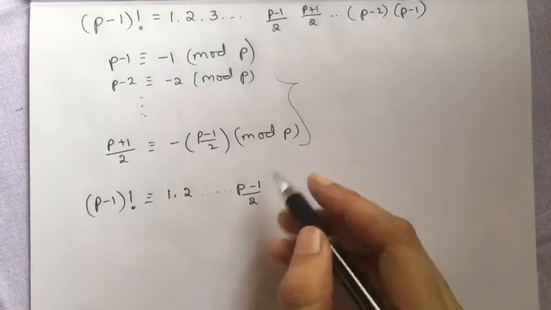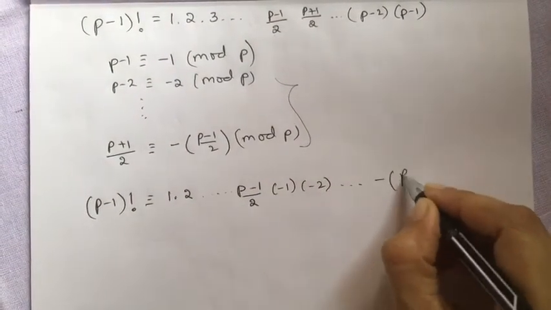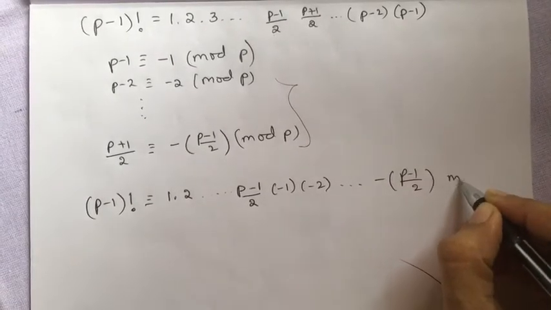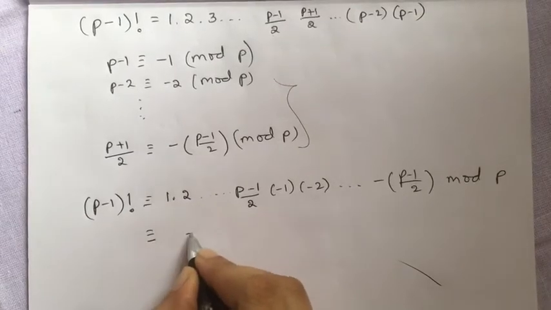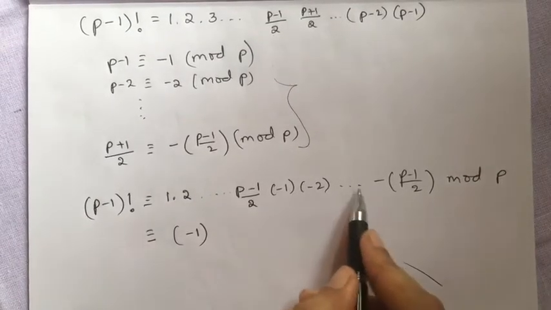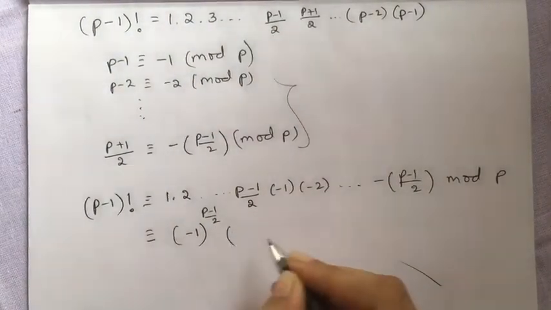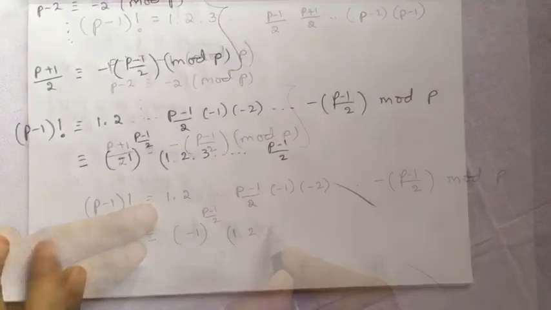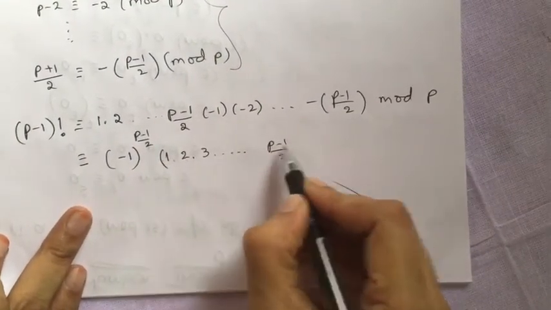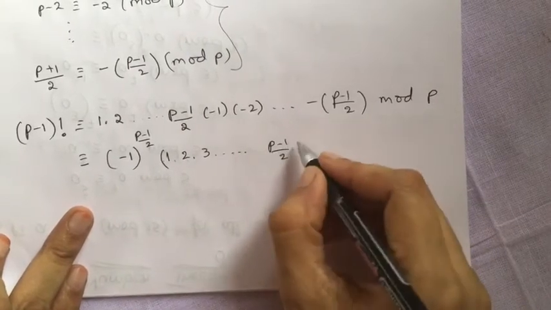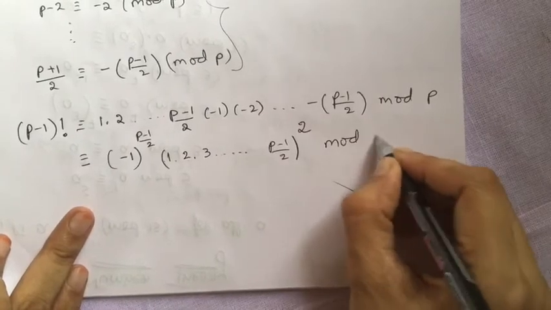So I'll write this as minus 1 into minus 2 up to minus of (p minus 1) by 2 mod p, which is nothing but minus 1 power (p minus 1) by 2 into 1 into 2 into 3 up to (p minus 1) by 2, whole to the power 2, mod p.